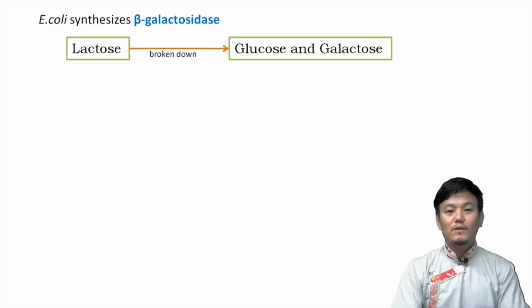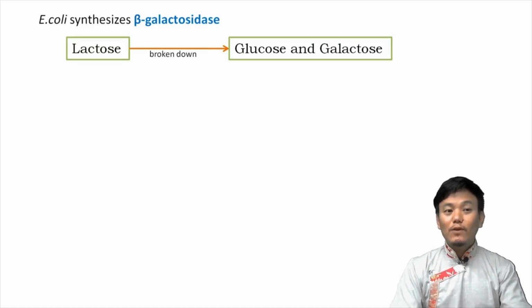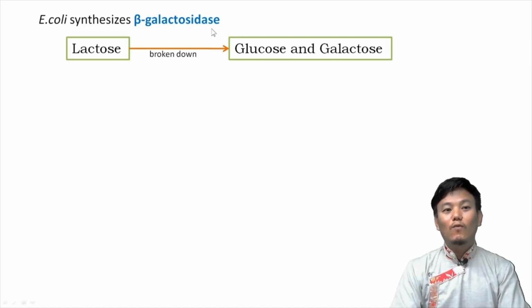In order to better understand gene regulation, we will take the example of E. coli bacteria. Inside E. coli bacteria, there is synthesis of a particular enzyme called beta-galactosidase. This enzyme is involved in the hydrolysis of lactose into glucose and galactose.